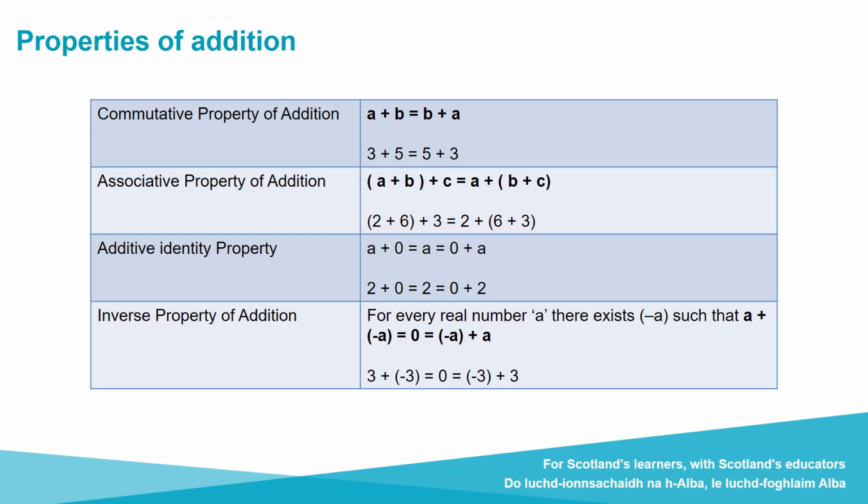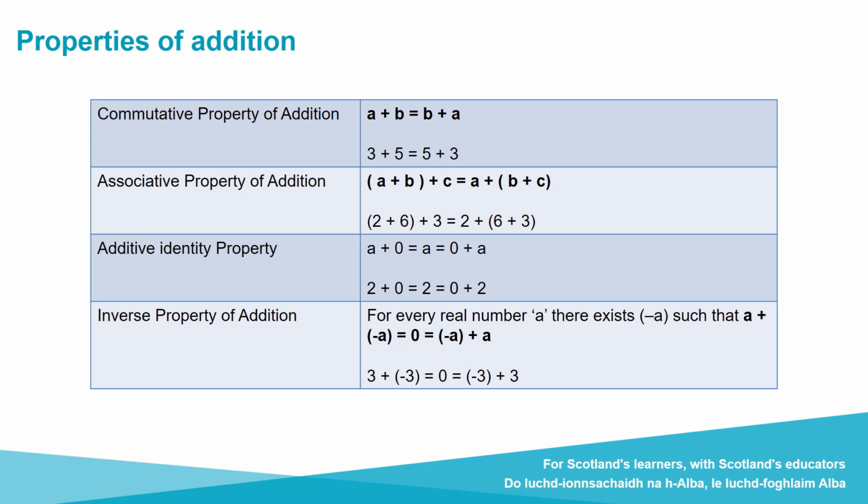It's also helpful to be clear about correct mathematical terms around arithmetic, and in particular here are some properties we are looking at as regards addition. It's good if we can understand and use this language with learners where it's appropriate. So learners should already be aware that addition is commutative: the numbers can be added in any order and we'll still get the same sum.